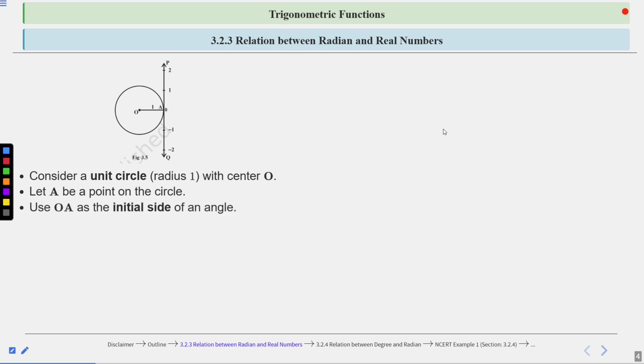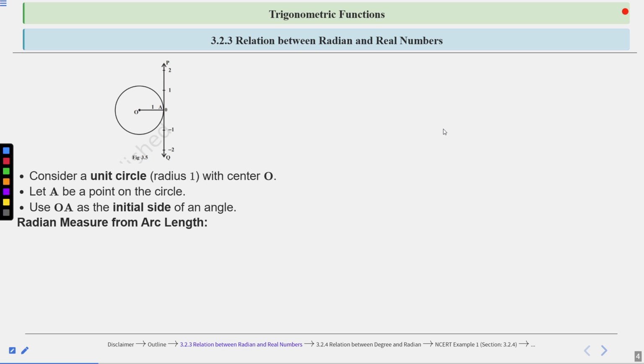Now this OA, this ray or line segment, we are considering as the initial side of our angle.